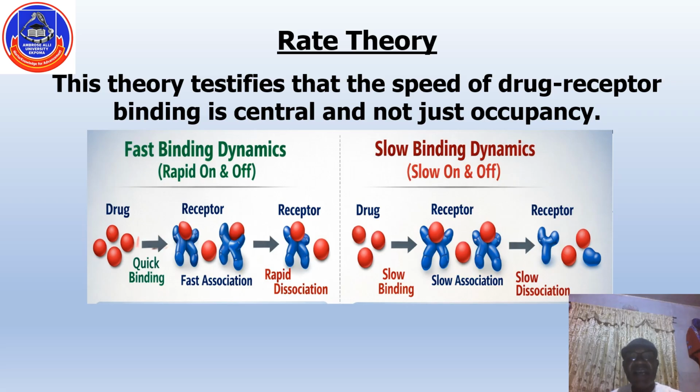Now from the left side, you have fast binding dynamics. Drug molecules rapidly associate with receptors and dissociate quickly. Association sends biological signals that produce effects. These produce quick onset but short-lived effects.